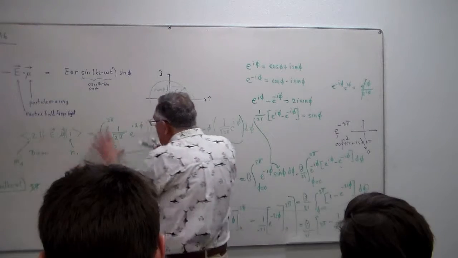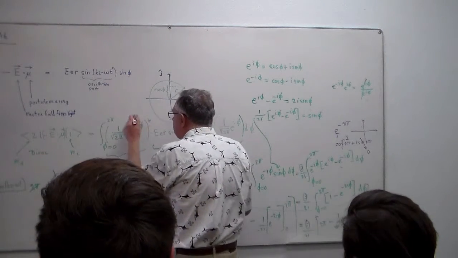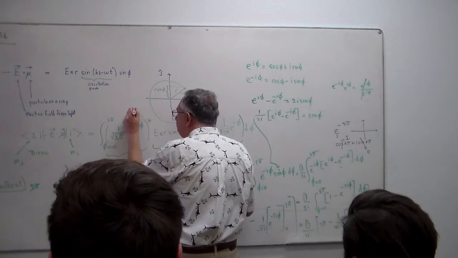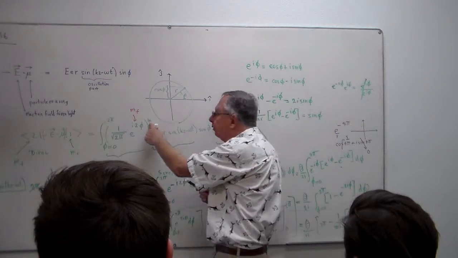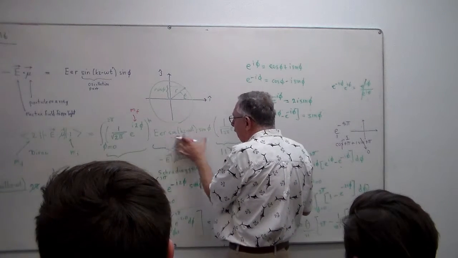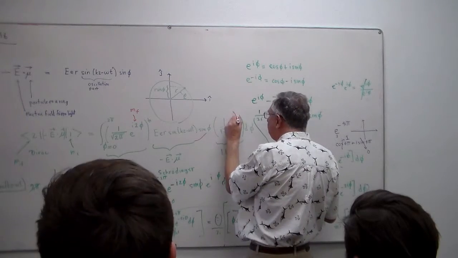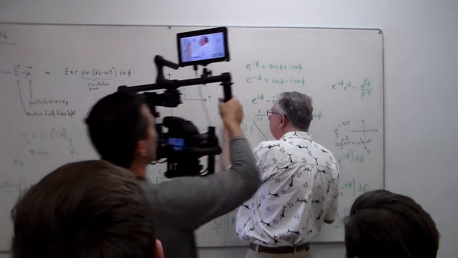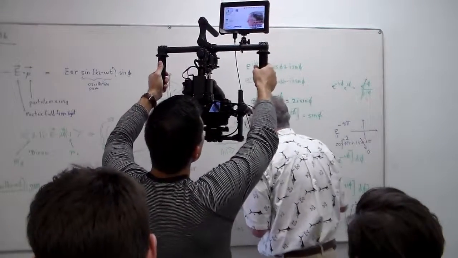Now, instead of just 2, we have the whole quantum state 2 with the final quantum number m final equals 2. The complex conjugate, here's the operator right in the middle, and here's the one with an initial state, m initial equals 1, and we can just put it right there to remind ourselves.